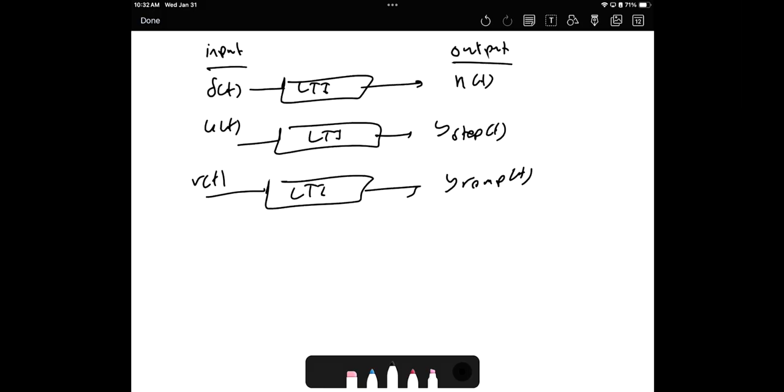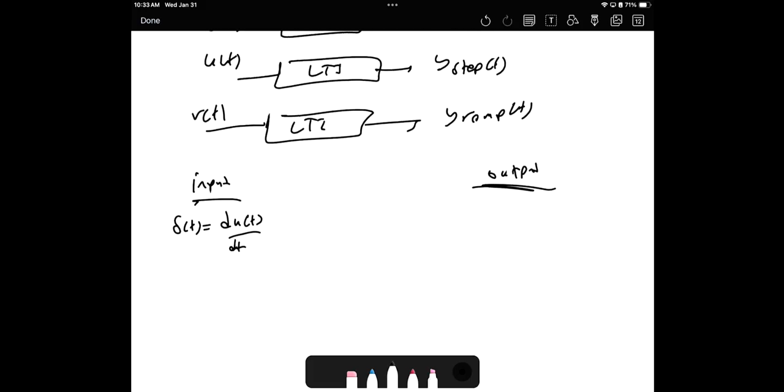And also recall the relationship between the inputs. What do I mean by this? Whenever you have delta of t and u of t, what's the relationship between them? Delta of t equals the time derivative du of t by dt. Then u of t equals also the time derivative dr of t by dt.